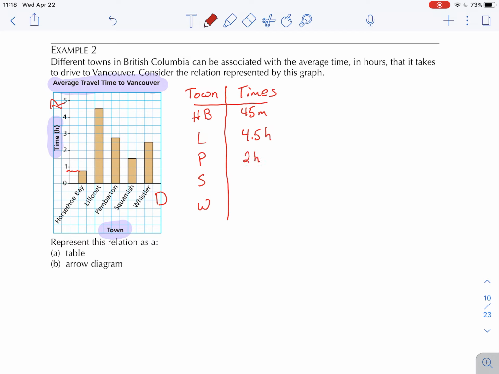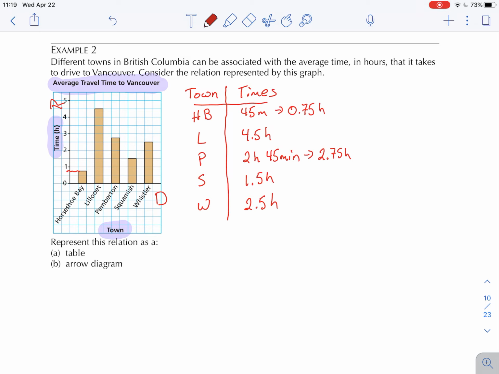Lillooet looks like 4.5 hours. Pemberton looks like 2 hours, 45 minutes. Squamish appears to be 1.5 hours. And Whistler appears to be 2.5 hours. Now, I can rewrite these times all as decimal numbers.